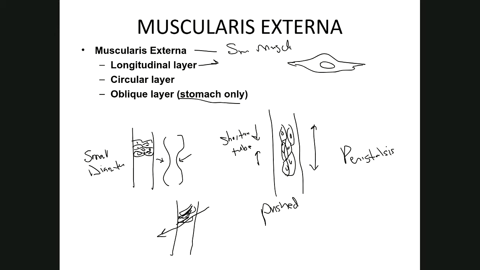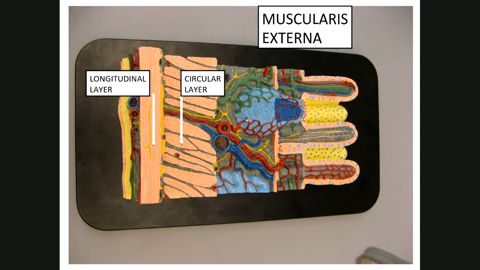But not only does it let you push food this way, it also lets you mix food. So we can mix it up while we're doing it. And so when you look at this one, it's this layer right here. Well, it's hard to see in this picture, but these fibers are running this way. So this is the longitudinal layer.